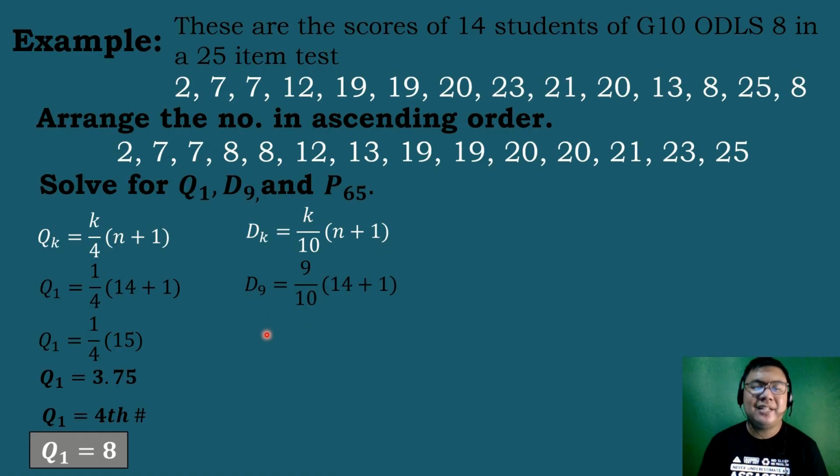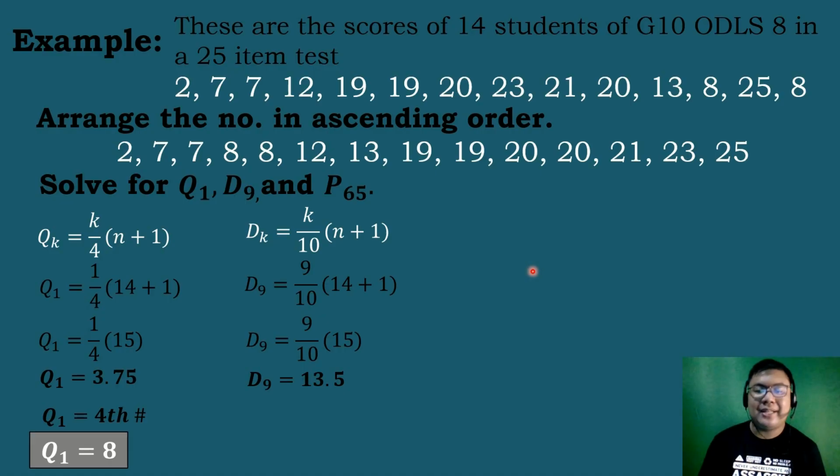So it will be decile 9 equals the value of k is 9 all over 10 times the quantity, the value of n, the number of students who took the exam, which is equal to 14 plus 1. 14 plus 1 will be equal to 15, and then 15 times 9 divided by 10 will be equal to 13.5. Now, remember the rules. So decile 9 is located at the right side of the distribution, meaning to say decile 9 is equal to 90%, and 90% is greater than 50%.